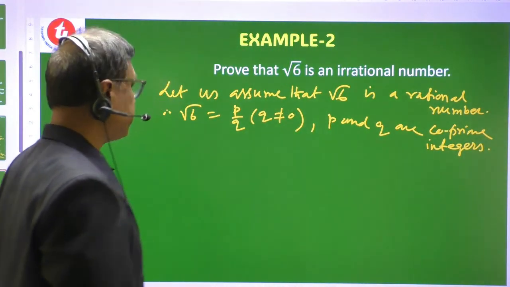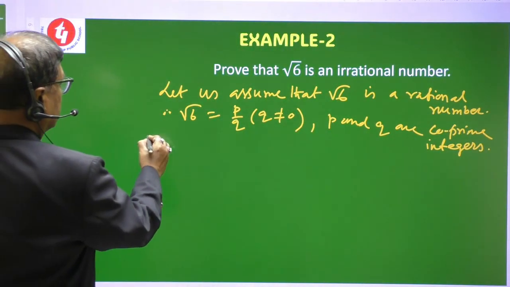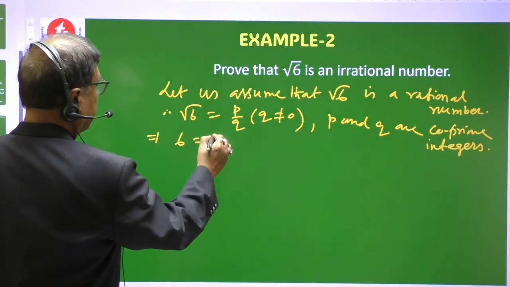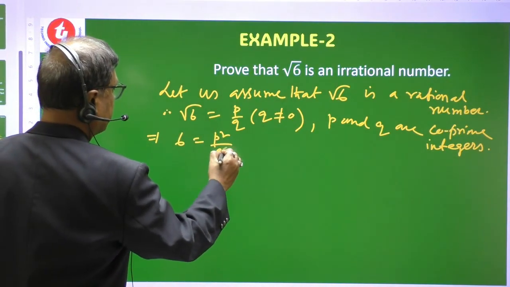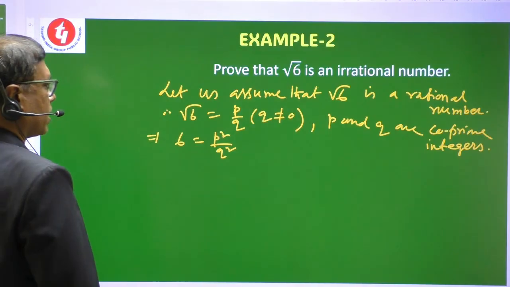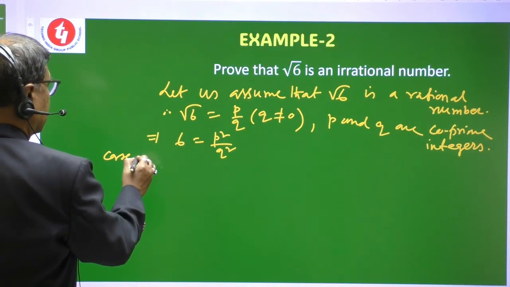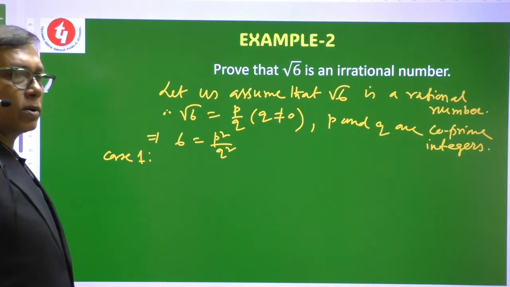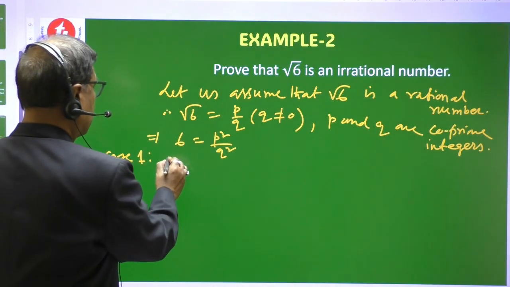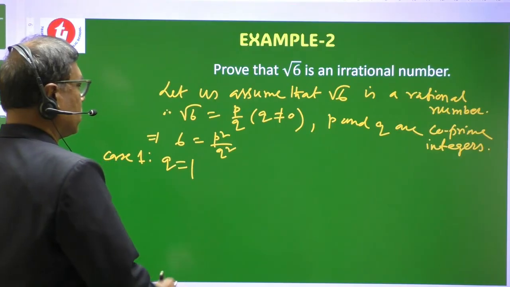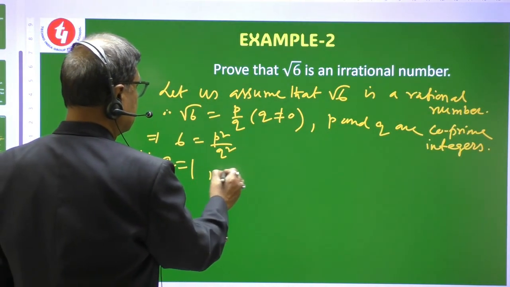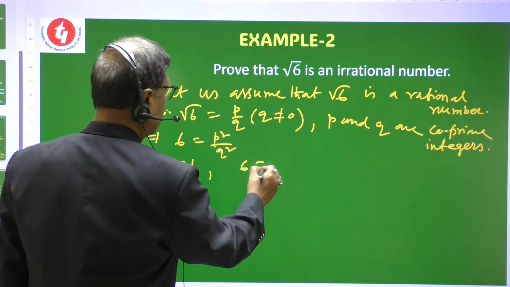Yes. Now squaring both sides, we get 6 equal to p square upon q square. Now we'll consider case 1. q equals 1. When q equals 1, then we get 6 equal to p square.